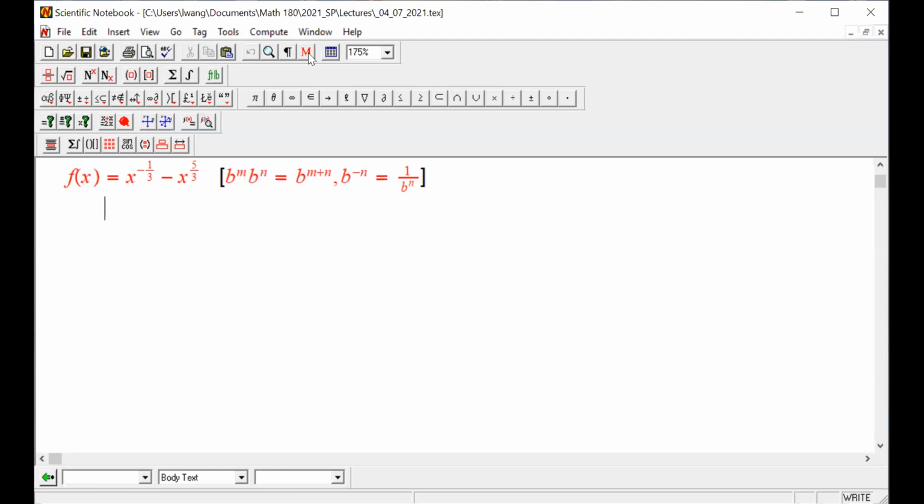If I am to operate with only exponents, one of the things you might see in the textbook is this: negative 1/3, and a parentheses, 1 minus x squared.